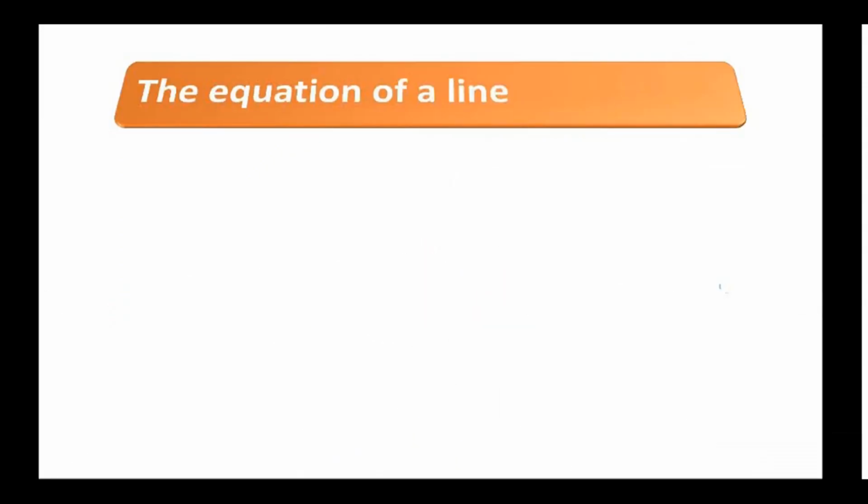Alright, let's have a look at the equation of a line. How do we calculate the equation of a line? You can use these 3 ways to calculate the equation of a line.